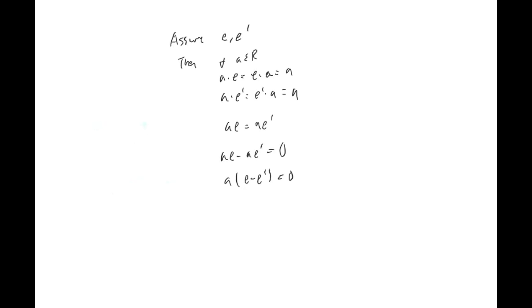Since it holds for all A, people said take A not 0. So fix an A that's not 0, and if it was an integral domain, this proof would work. But there's no assumption on that.